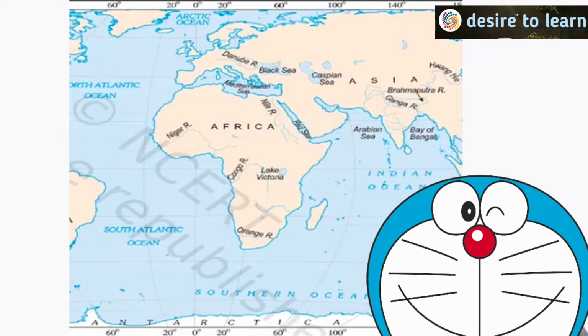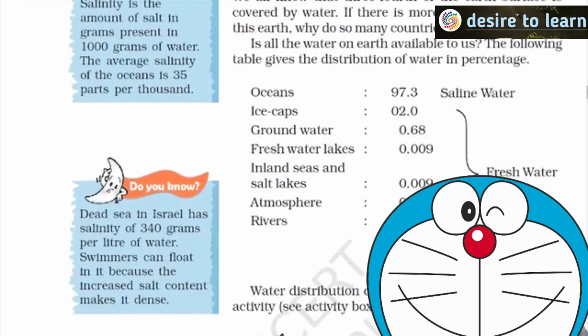So, once we are done with these basics, it's important for you to remember the distribution of water, where you have to look into this. Once UPSC asked how much water is usually present in ice caps. They have also asked a question about how much water is present in freshwater lakes. So, this distribution is important.